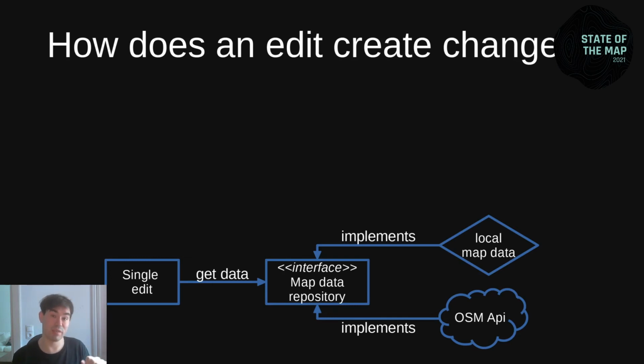This map data repository supplies all the information the edit needs to do the edit. In this case, for the split way, I already mentioned the edit needs to know which relations refer to the way, and also all the nodes of the way. And of course also the way itself.